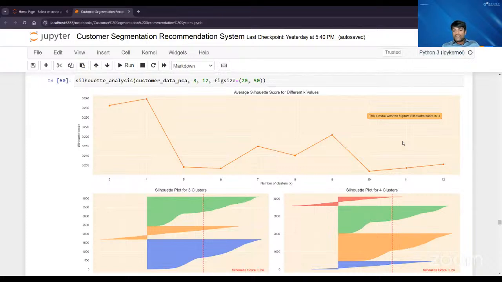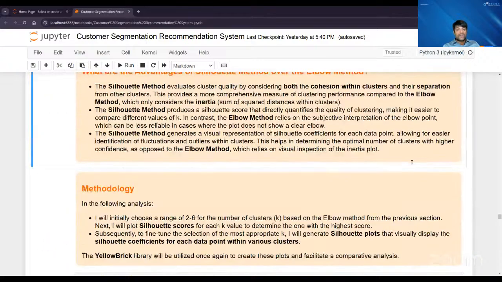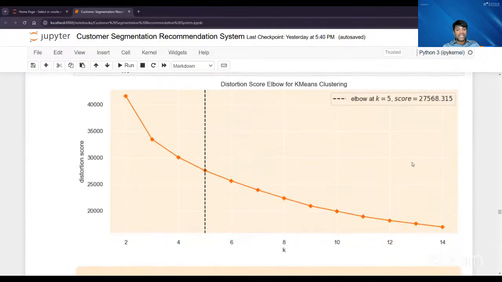If you can see in this, the highest Silhouette score is at 4 clusters, 0.240. None of the other clusters has the highest Silhouette score that 4 has. So if you see this graph, you may get a doubt that ideally the dip is at 4. You can see the same dip here also.